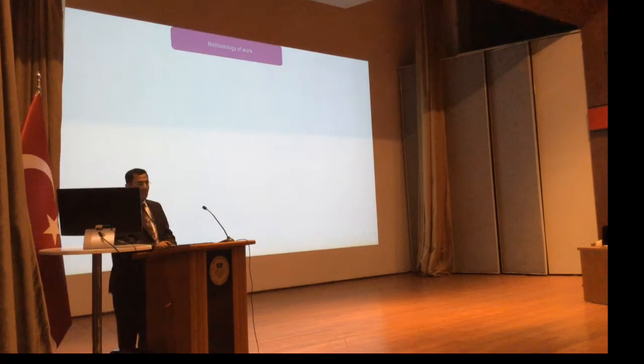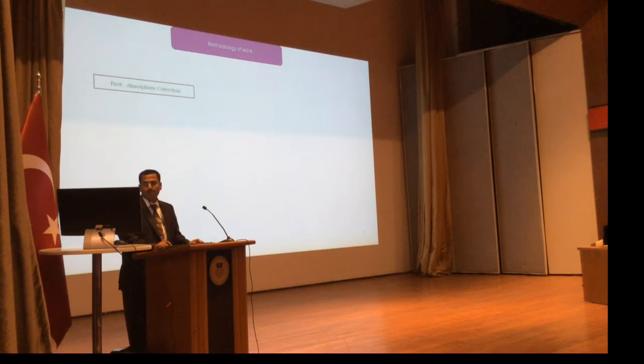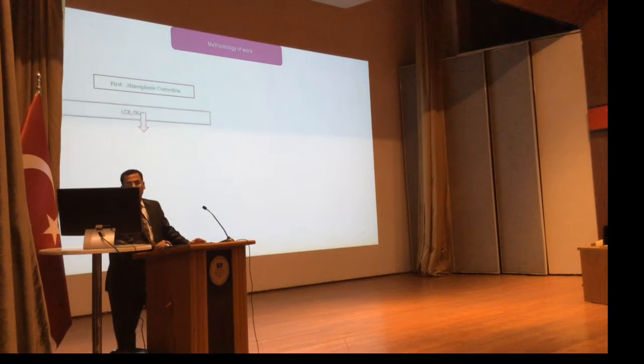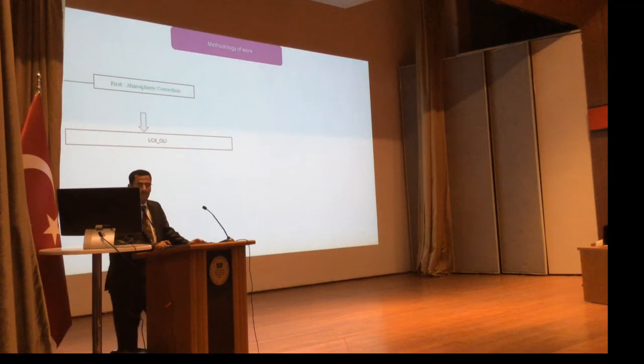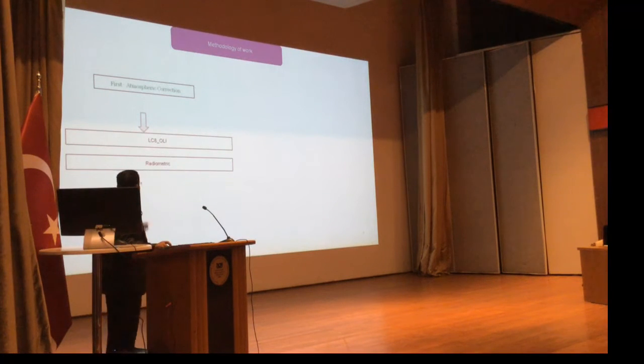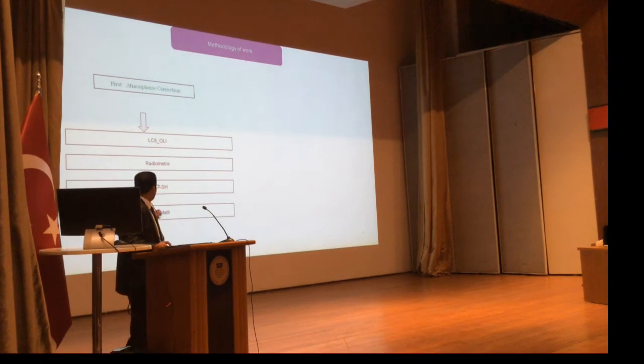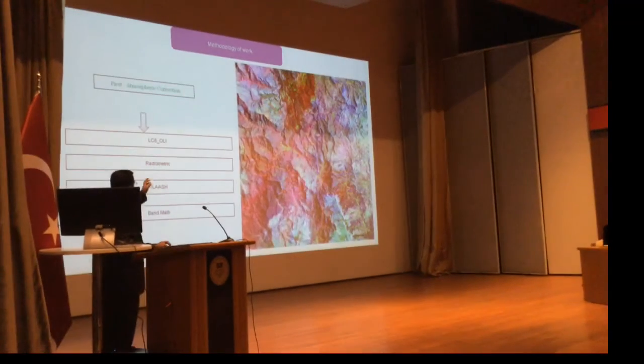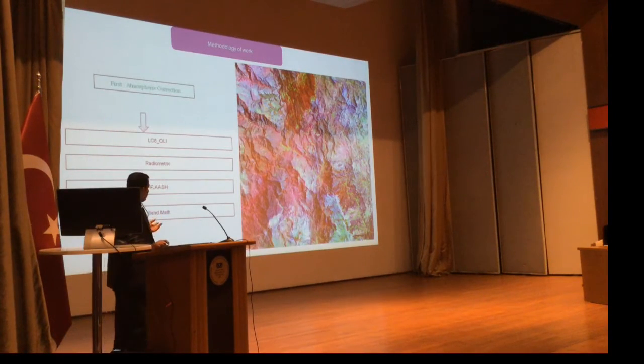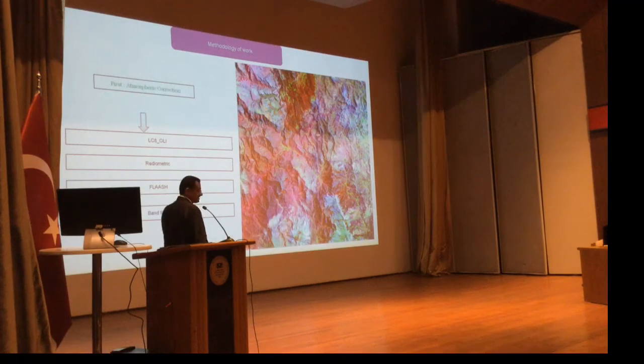Now we'll move to the methodology of working. First, I work with Landsat. First, we make the atmospheric correction and radiometric correction, and we get this photo, which is very clear and easy to extract.